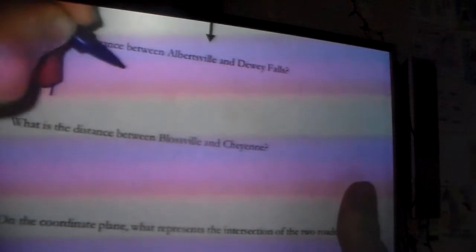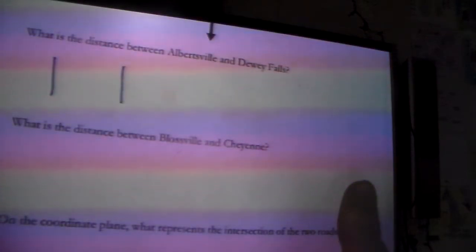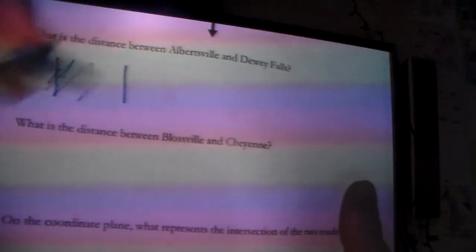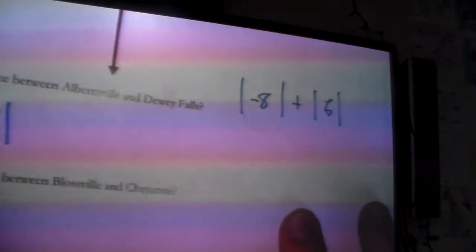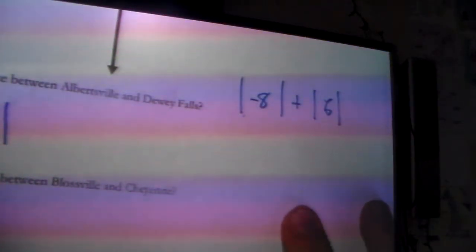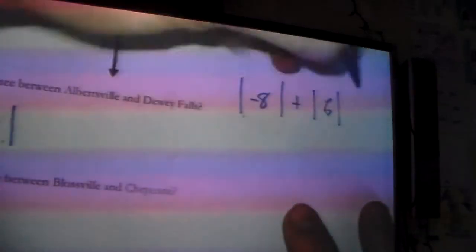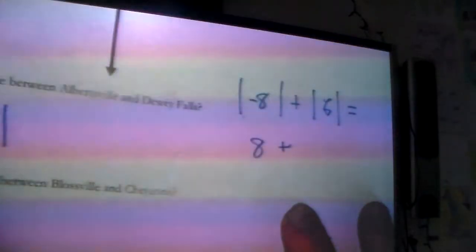What I'm essentially doing is taking the absolute value of Albertsville. I'm going to redo this; we don't need to take up that much space. I'm going to say the absolute value of Albertsville, which is -8, and add it to the absolute value of Dewey Falls, which is right there. So what's the absolute value of -8? It's 8.